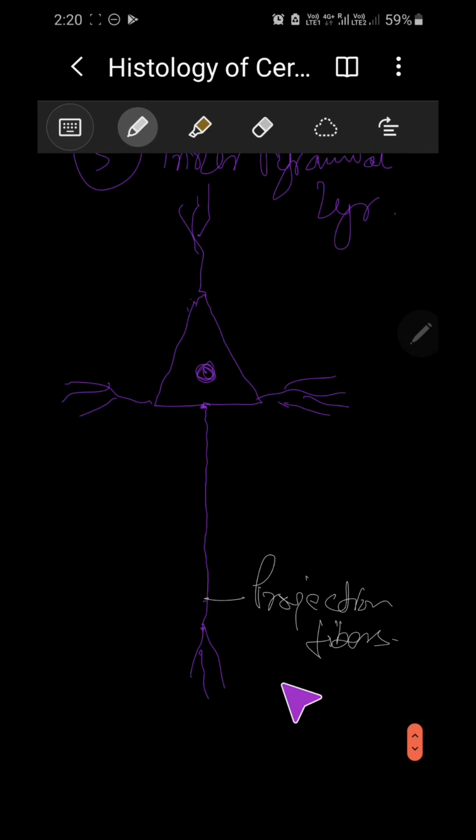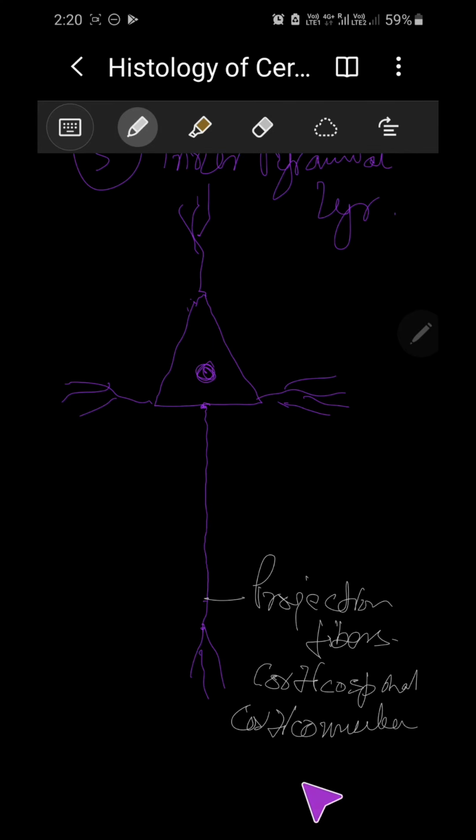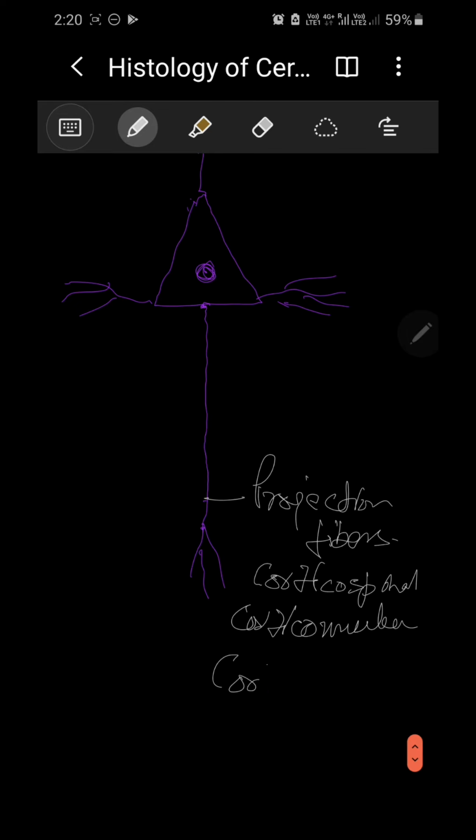Corticospinal, corticonuclear, corticobulbar, all these are projection tracts, descending tracts.